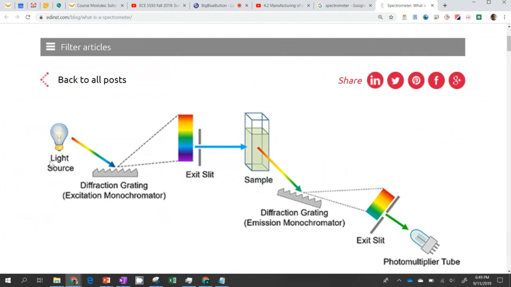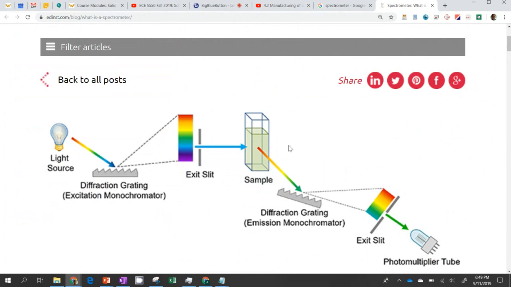You can also use something called a monochromator, but let's just say you use a diffraction grating. What the diffraction grating does is split up the light into different colors, like the violet light bounces off at a certain angle, and the red light bounces off at a different angle.